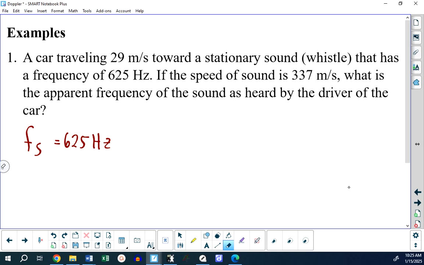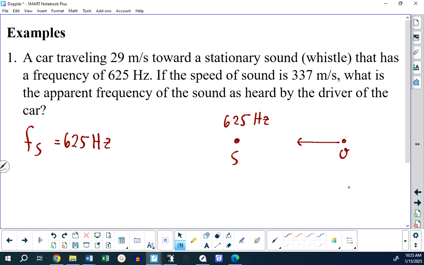I want to be very careful in explaining this. I want it to come out right. If I have a sound source, and the observer is here, and this is 625 hertz, and the observer is moving towards the source, will the frequency the observer hears be greater or less? Up or down? Up, greater.